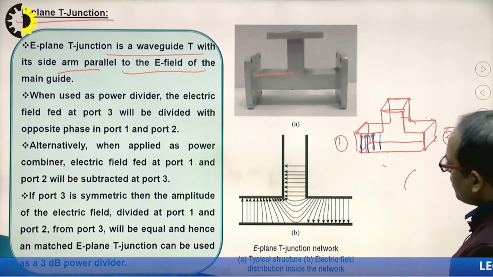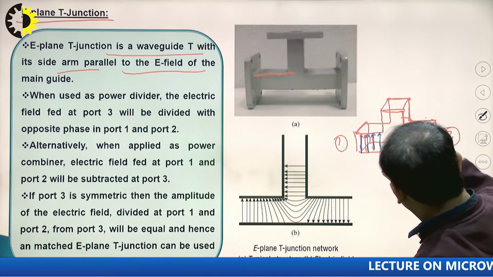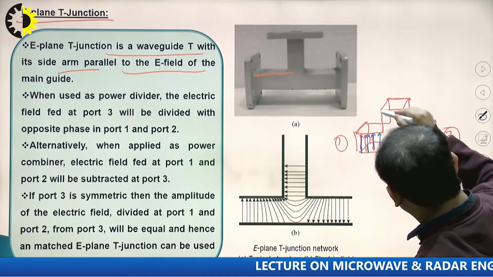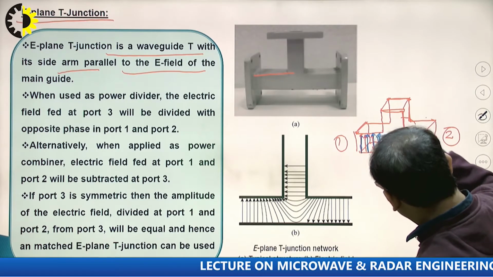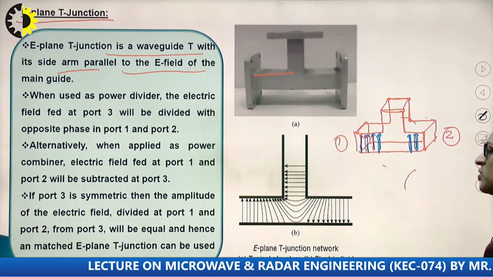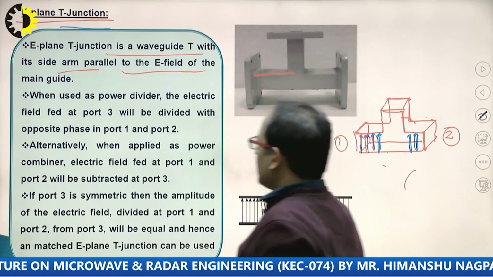Clear, the main waveguide has this one, so the side arm is parallel to the electric field of the main waveguide. So that is why it is known as the E plane T. Clear?